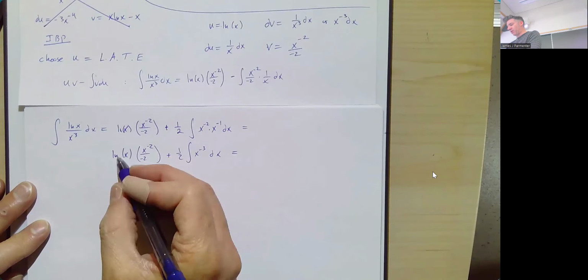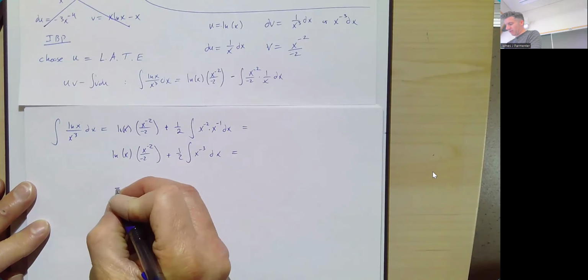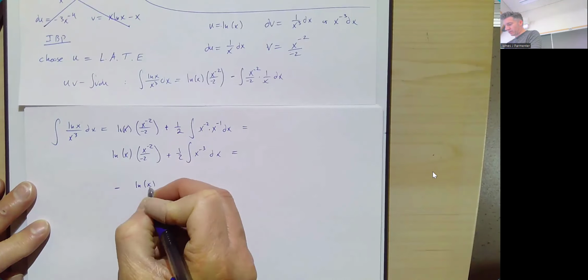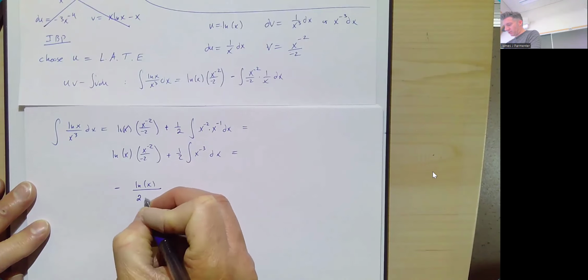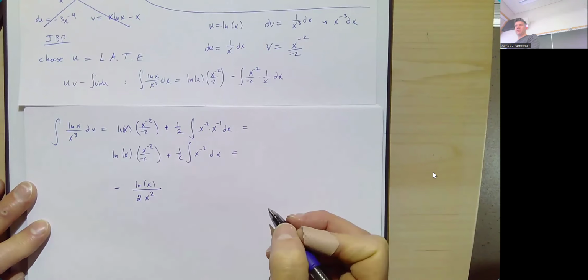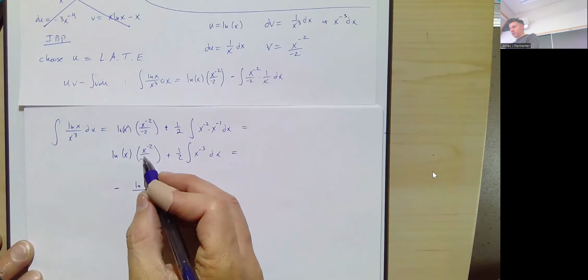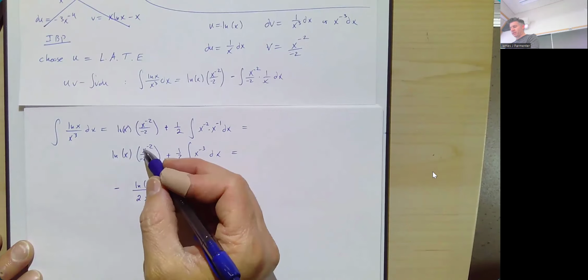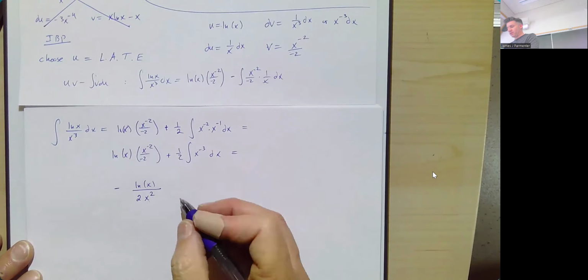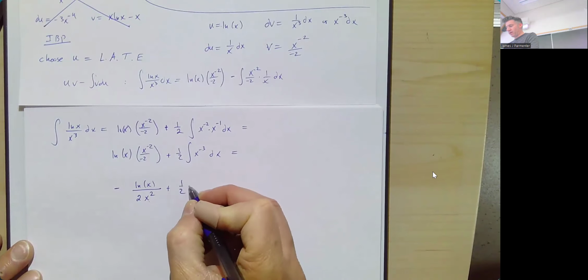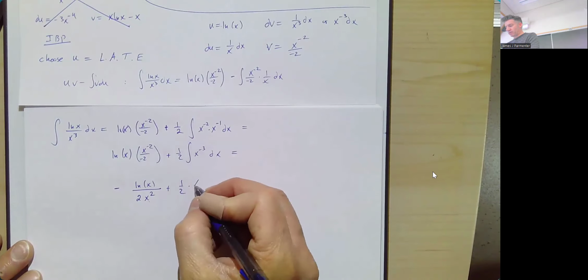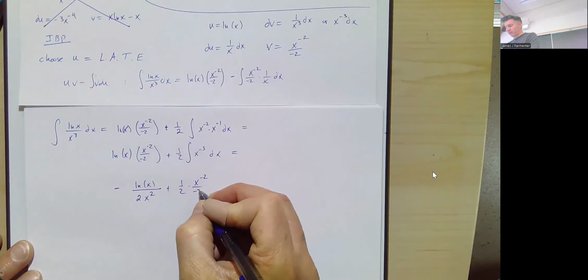I'm going to rewrite this first part as negative natural log of x divided by 2 times x to the positive second. The negative out in front, this 2 still stays in the denominator, but the x to the negative second comes down as x to the second. Plus 1/2 times the antiderivative of x to the negative third, which is x to the negative 2 divided by negative 2. And then I do need a plus c here because it is an indefinite integral.